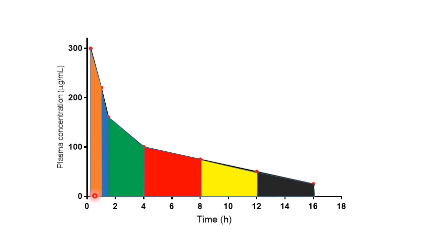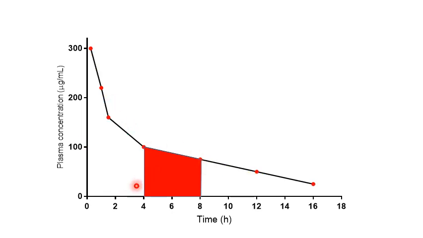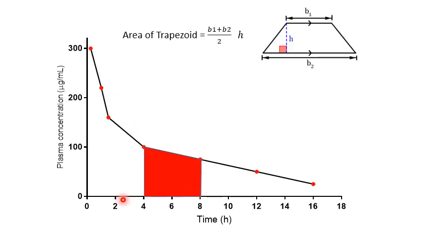and here's the time difference between these 2 points. For the calculation of the area of one of these trapezoids, let's take this as an example. The area of a trapezoid, as you know, is the summation of the 2 parallel sides divided by 2, multiplied by the height of the trapezoid.